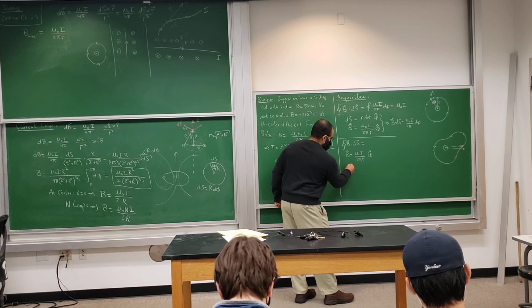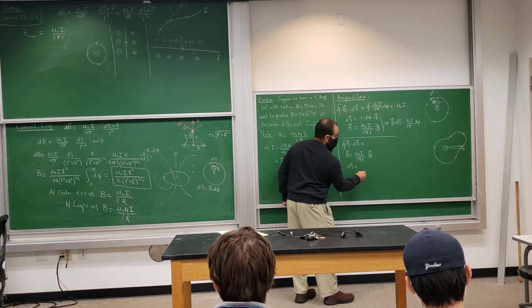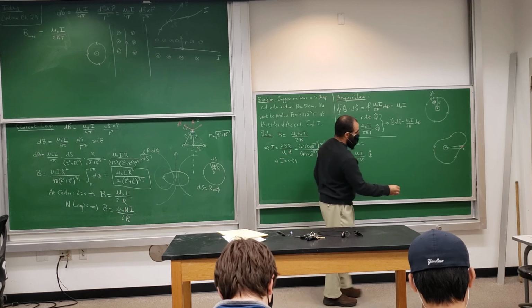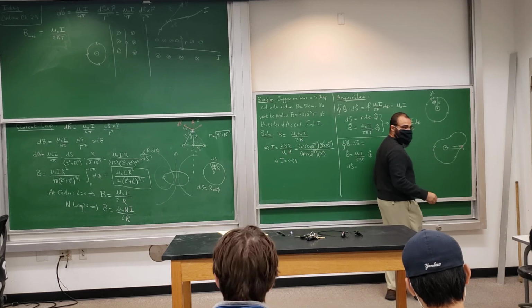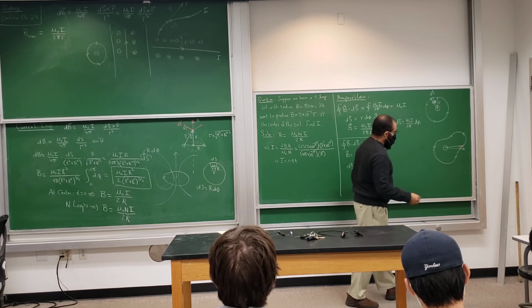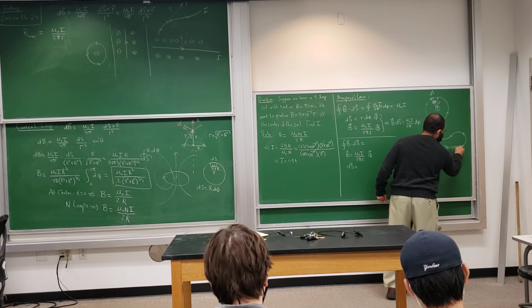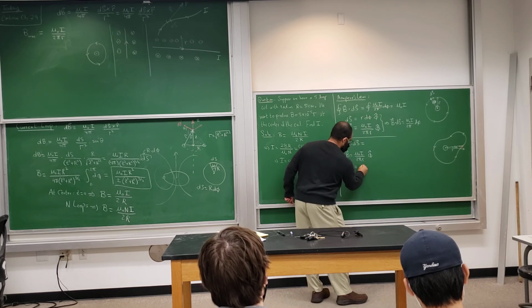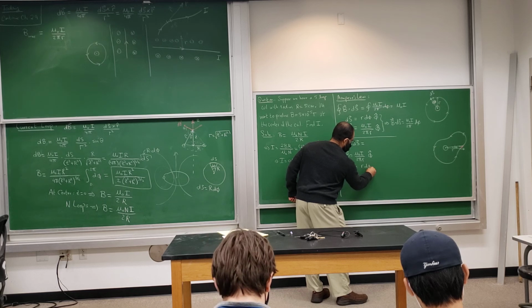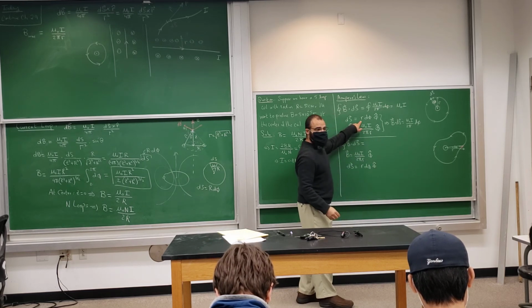So ds will be equal to this component that's tangent, or in the circular direction, which will have length r d phi and is in the phi hat direction, just like this one.